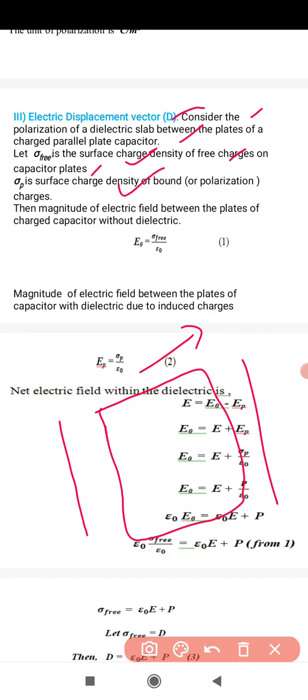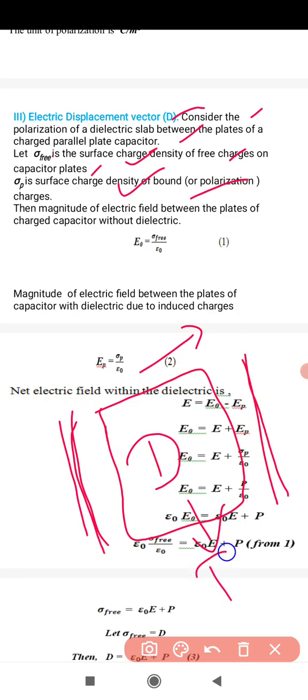Sigma p is the surface charge density of bound or polarization charges. When the dielectric is placed between the plates, it produces a polarization, and this surface charge density is sigma p.